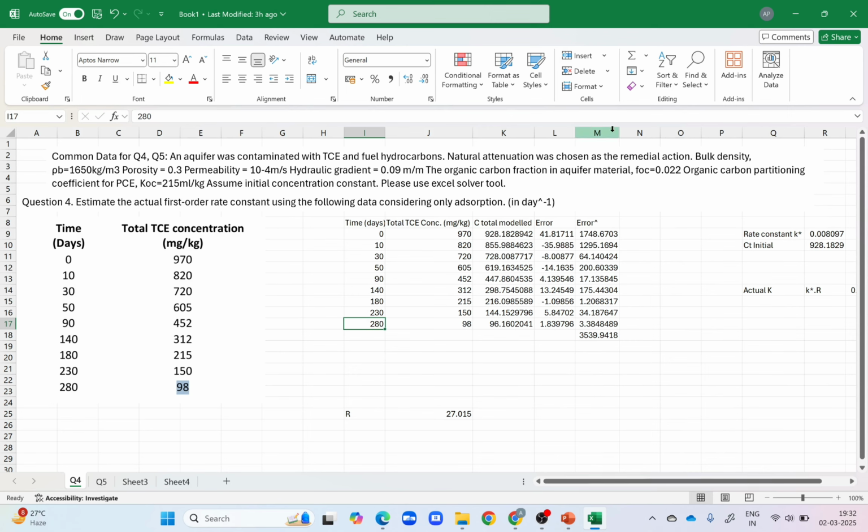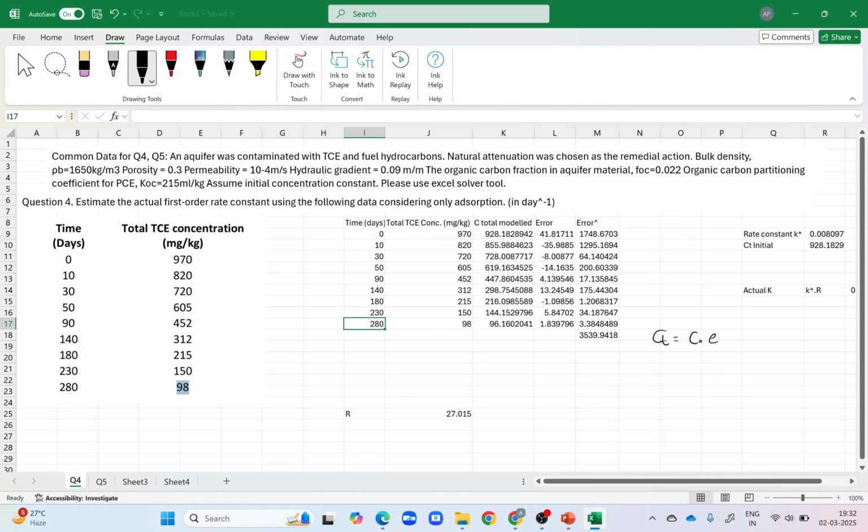Next, for adsorption, C of t is given as C naught e raised to the power minus K star t. We will assume any rate constant. Suppose I am assuming the rate constant to be 0.5. Here we will find out the concentration.